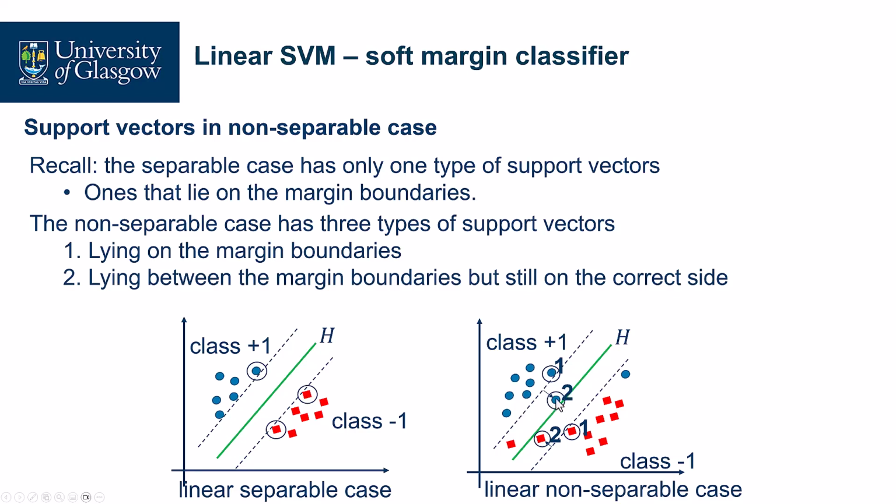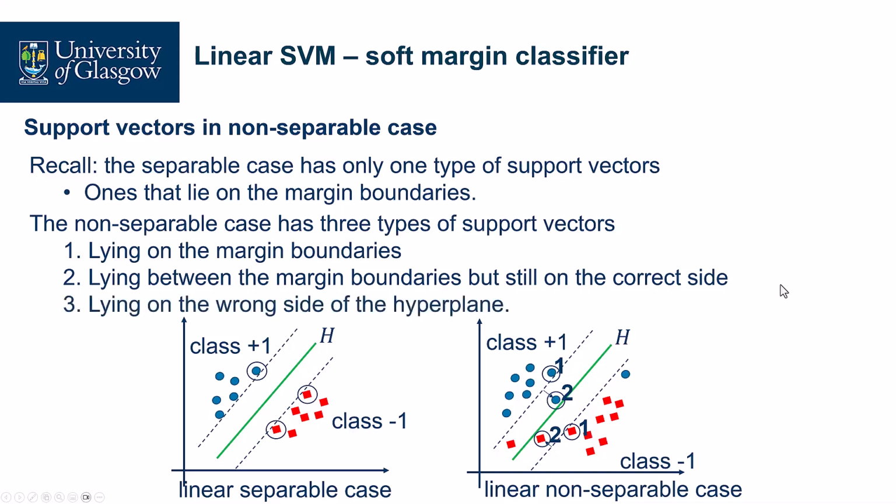For example, this one lies on the wrong side of the margin boundary of the class positive 1, but it's still on the correct side of the hyperplane. So we call this the type 2 support vectors.